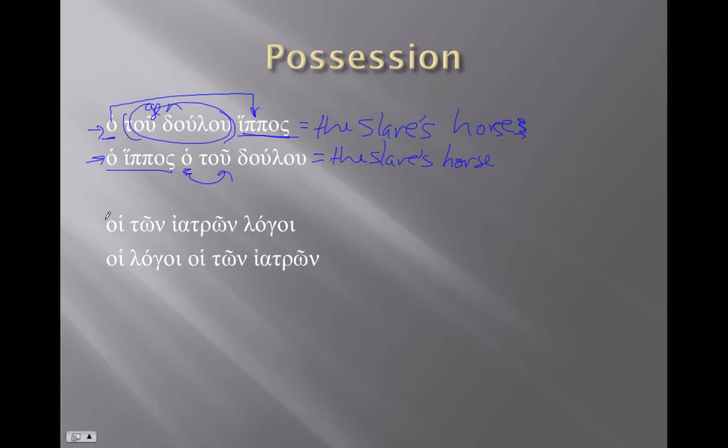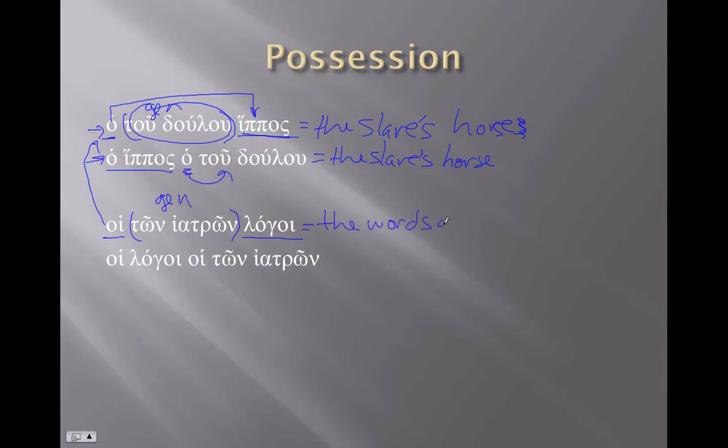Here's another example, just like our first example. Hoi tōn iatrōn logoi. So the main thing we're talking about is hoi logoi. And sandwiched between that article and noun is our genitive of the doctors. So the words of the doctors.